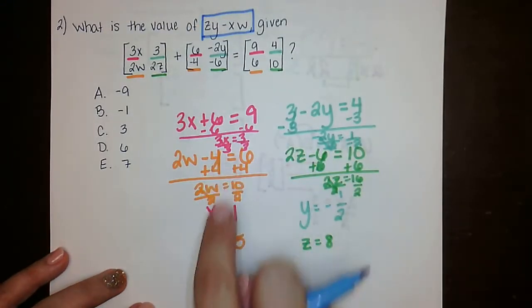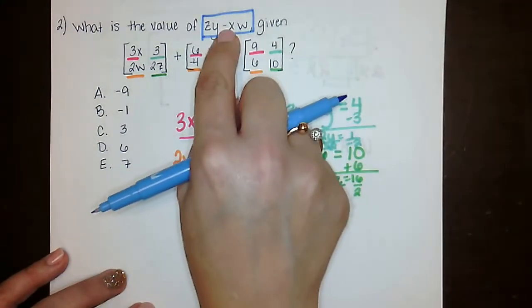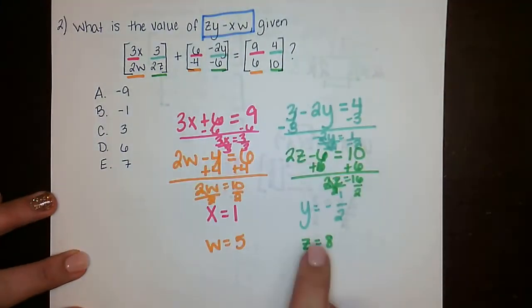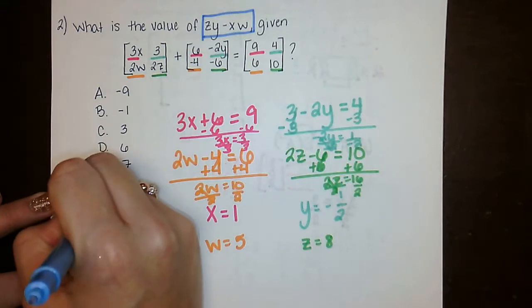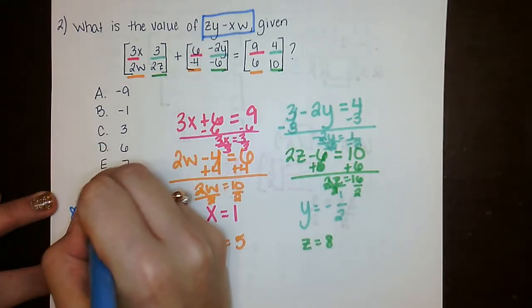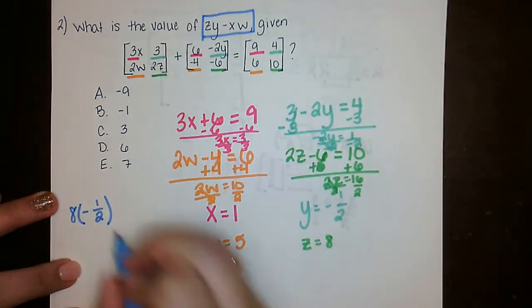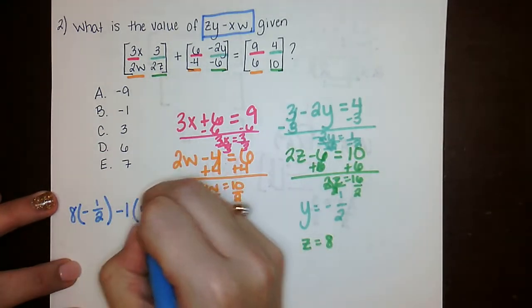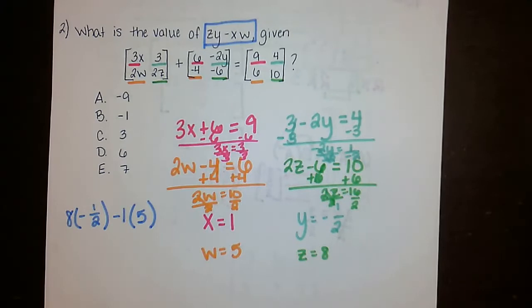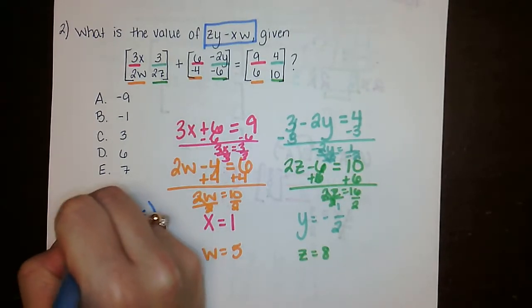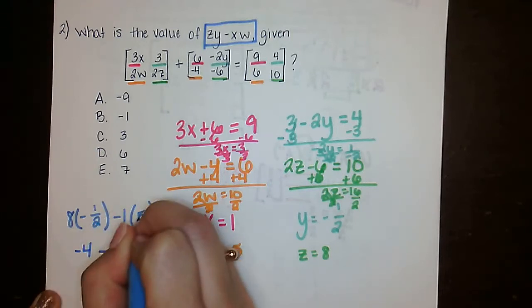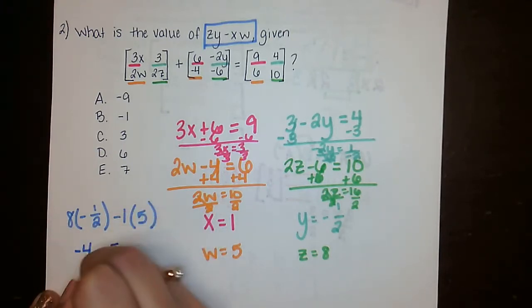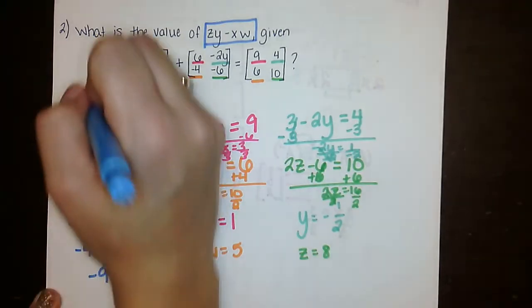So we're going to sub these values into this expression. So z is 8, y is negative 1/2, minus x is 1 times w, which is 5. So when we simplify this, we get negative 4 minus 1 times 5 is 5, gives us negative 9, which is A.